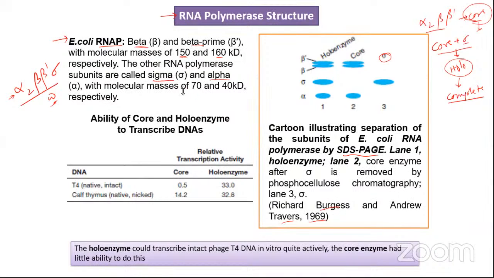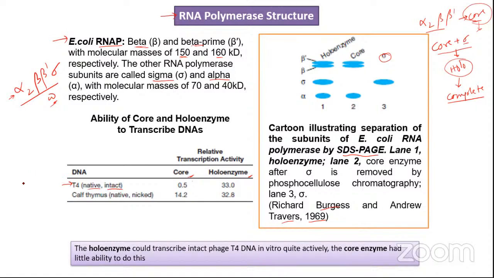Now, just pay some attention here. When you compare the transcription activity of the core enzyme with the holo enzyme, when you give it a native DNA molecule, native is the intact DNA molecule, that means there are no breakages in the DNA.